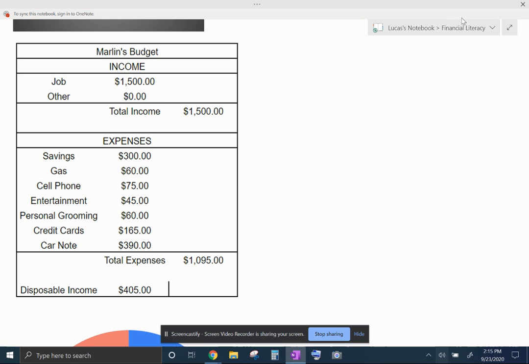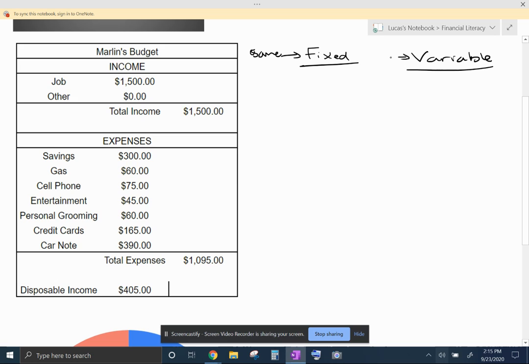Now, let's first go over some very important vocabulary. One of the main vocabularies when you're looking at these budgets are fixed and variable expenses. Now, fixed expenses stay the same every month.